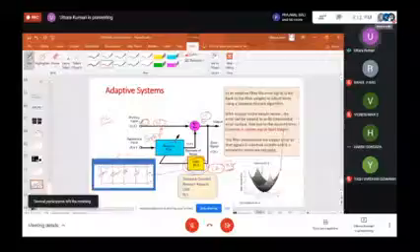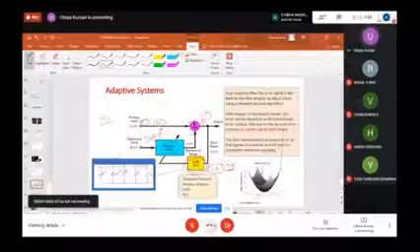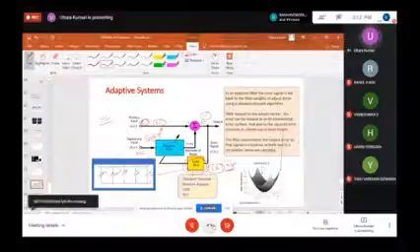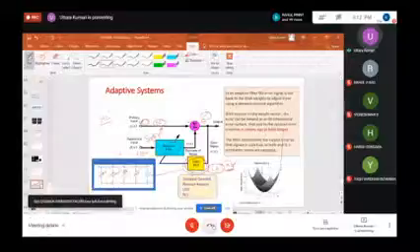Wait, I'll give you. Here in this one, suppose you are taking the ECG of a baby. When you take the ECG of a baby, that is the fetus inside the mother, other things also come into the picture. What are the other things?